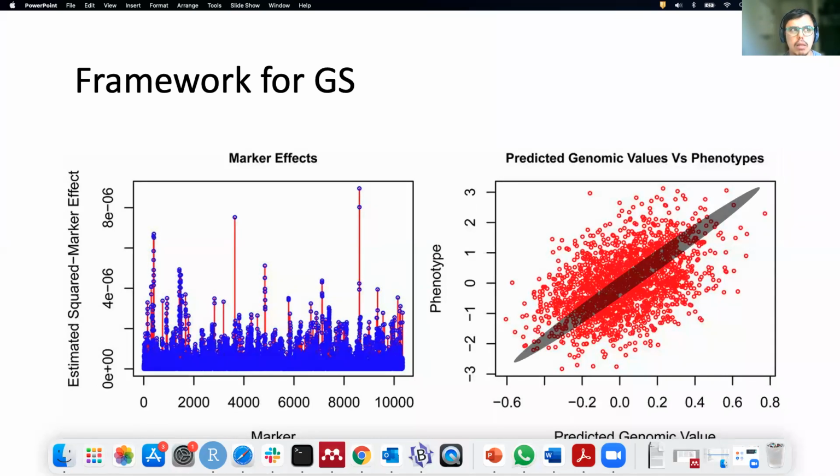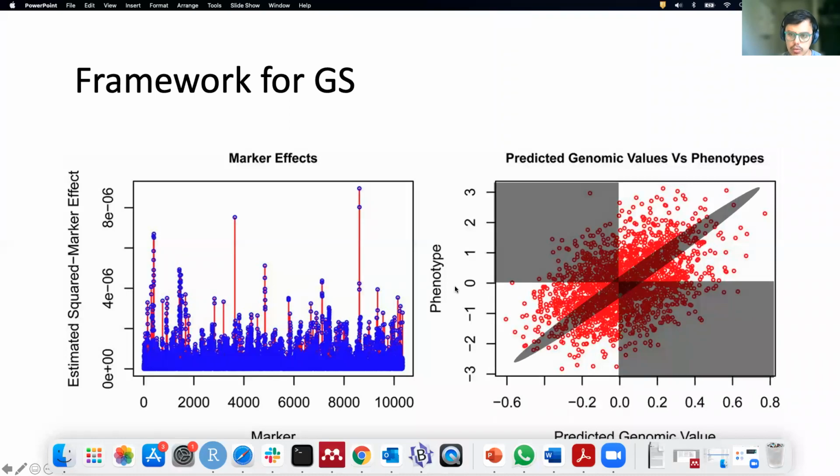Maybe the machine that you used to take the phenotype was not that reliable, or there were several people taking the phenotypes, and the phenotype was kind of subjective. So there is a lot of variation there, like environmental noise. So for the models, it is really difficult to get a correlation between phenotype and genomic values of about 1.